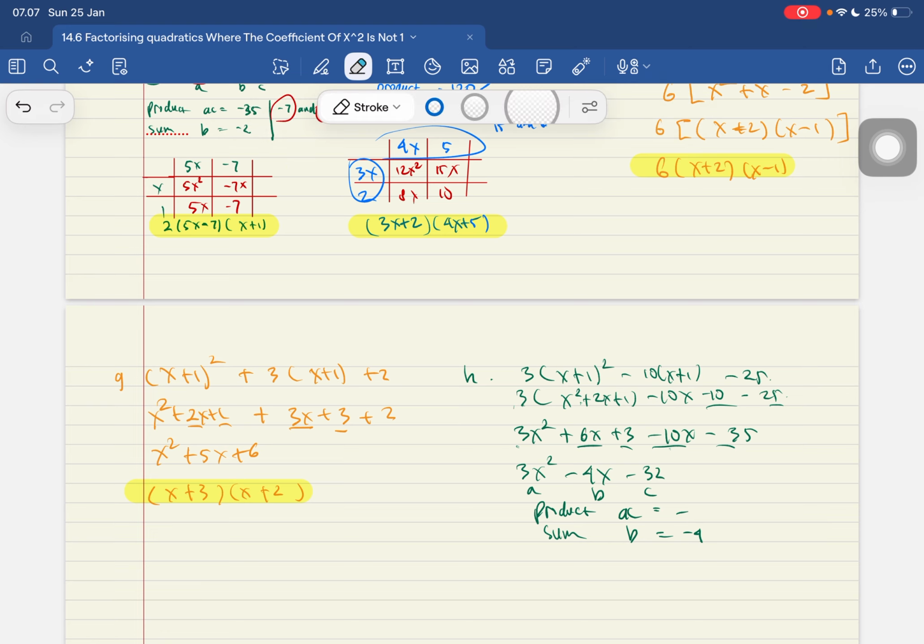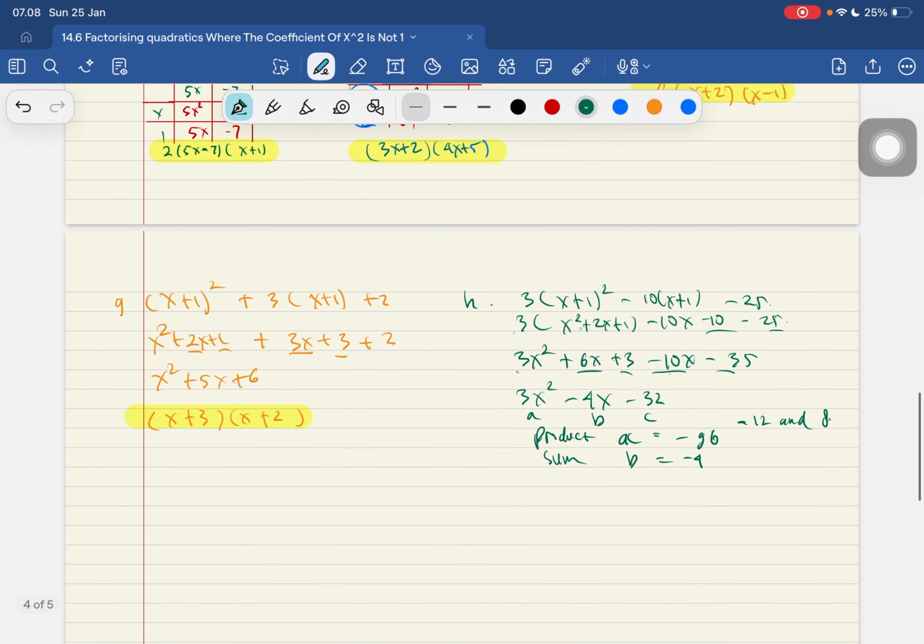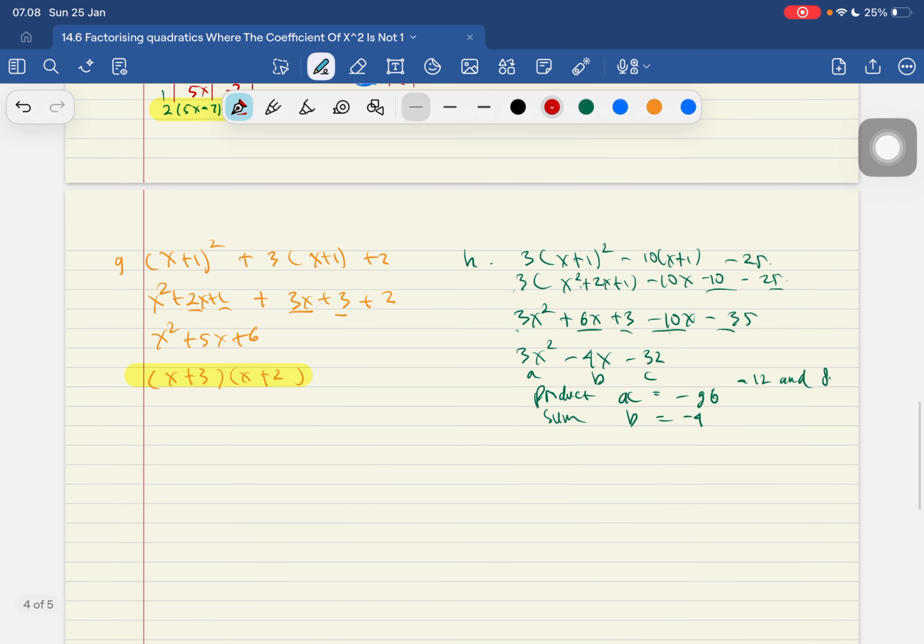So we need to find two numbers whose product is AC, which is 3 times minus 32, which is minus 96, while the addition is going to be minus 4. So 96, we got 12 and 8. So to make it minus 4, it is minus 12 and 8. So we can write it into the table.